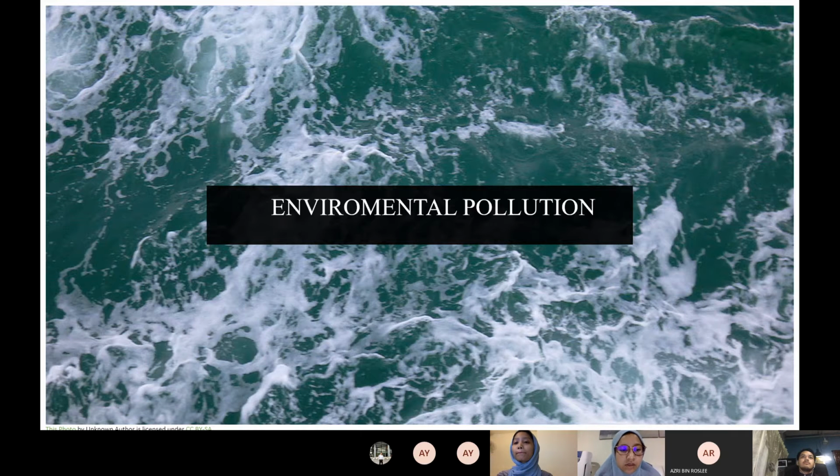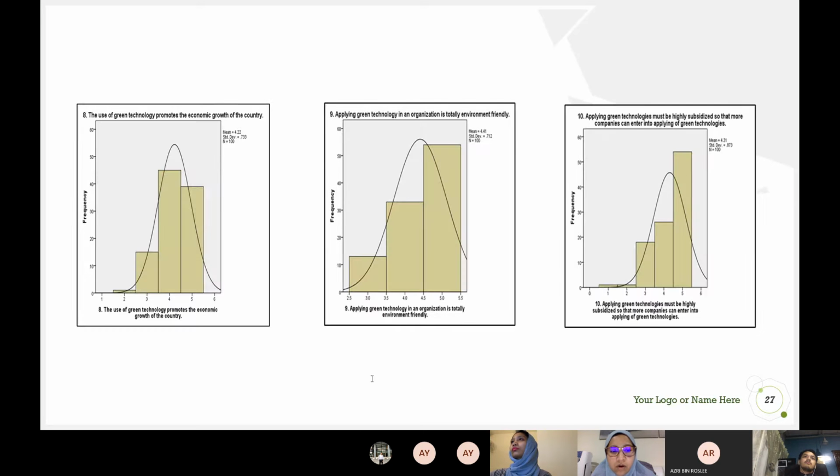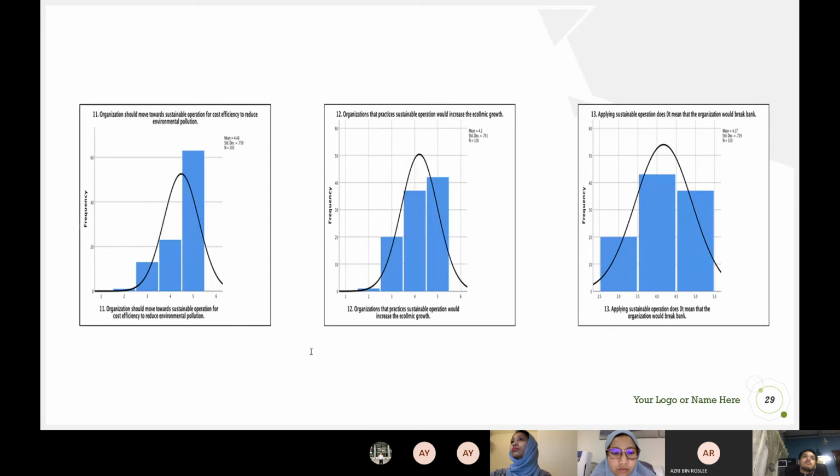So the result is between strongly agreed and agreed. The average number of it is 4.17, which means the average respondent agreed with the question and applying sustainable operation.